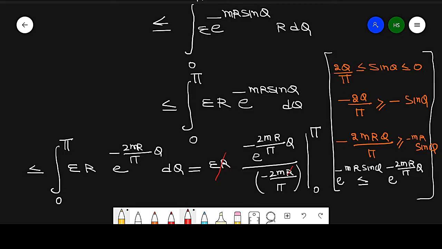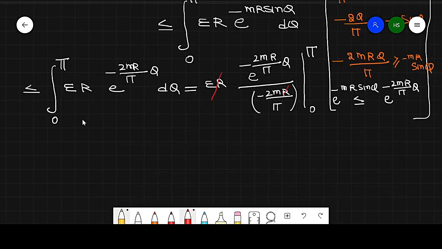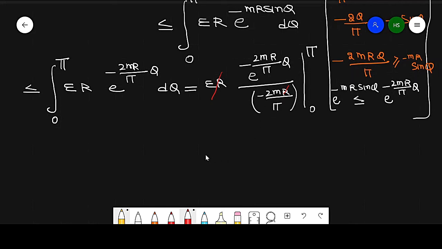Then taking the limit, this value is equal to pi epsilon over 2m, where r is cancelled, and here it is 1 minus e raised to power minus 2mr, when we take pi, so this is equal to minus e raised to power this value.